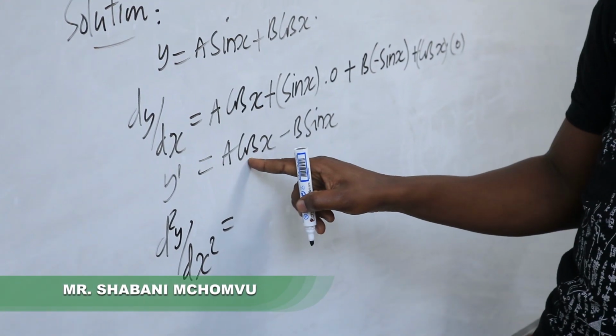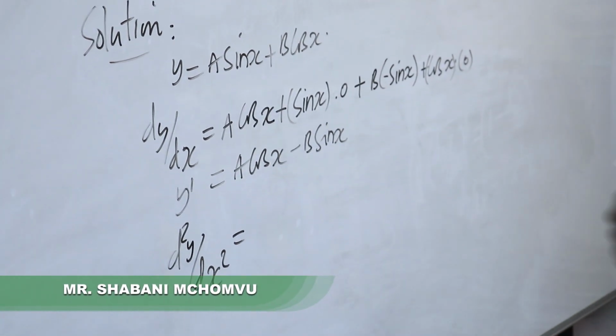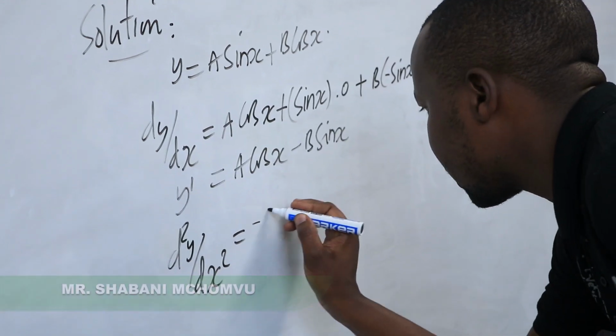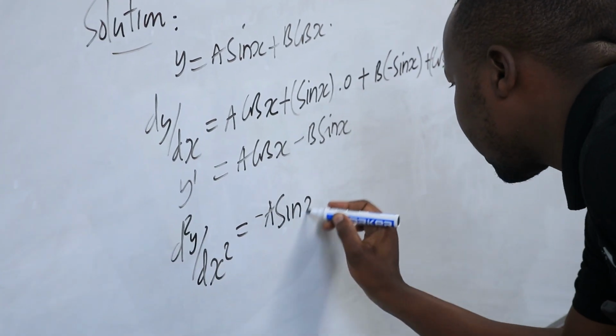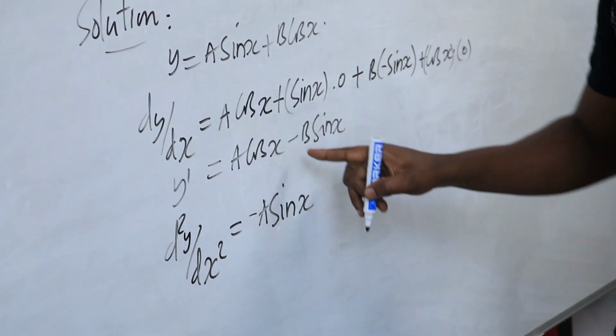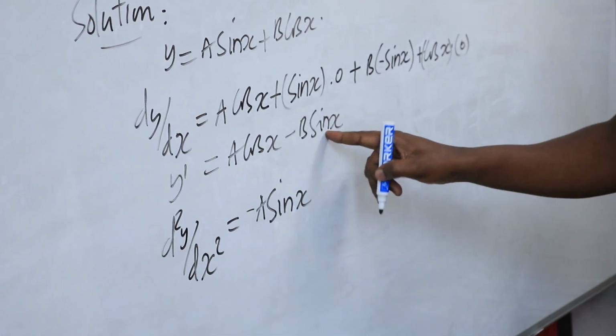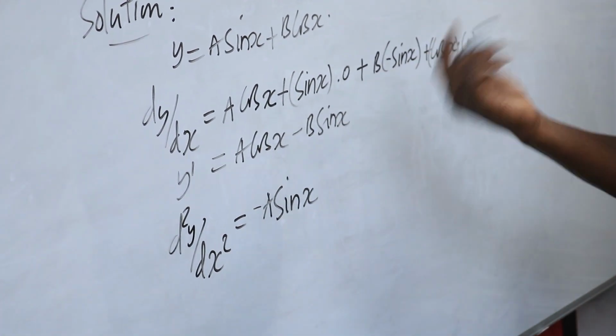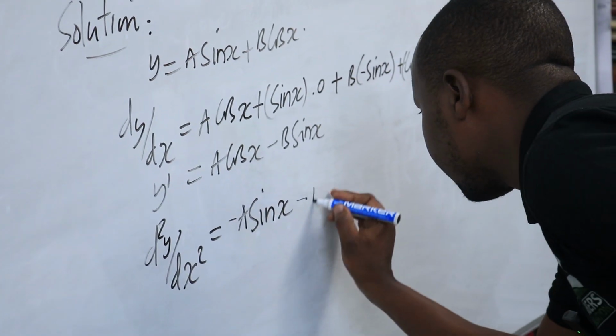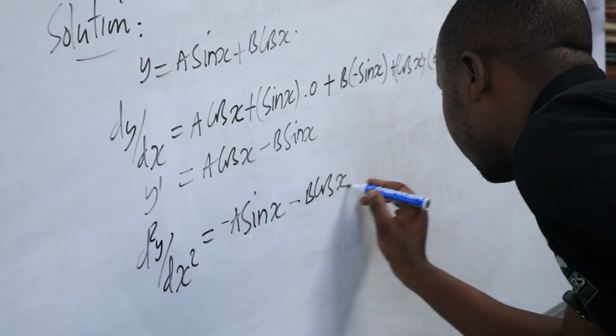Here, when differentiating cos, we get negative sine, so it becomes negative a sine of x. And coming here, when differentiating sine, we get cos, so it becomes minus b cosine of x.